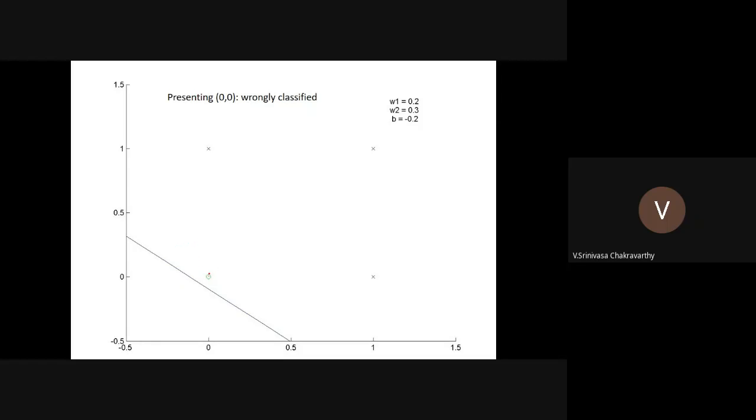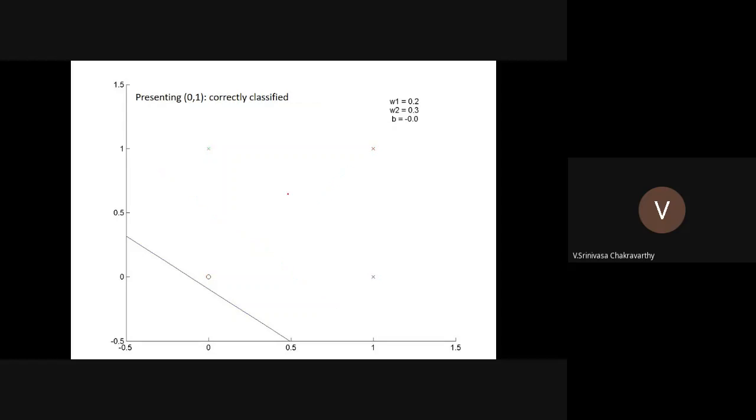The points where the output is 0 are indicated by a circle, and points where the output is 1 are indicated by an X. So the decision boundary is way off. Ideally, you want a decision boundary which goes something like this, so that on one side you have all the points where y equals 1, and on the other side you have only one point, where y equals 0. But the decision boundary for the initial random parameters is totally off.